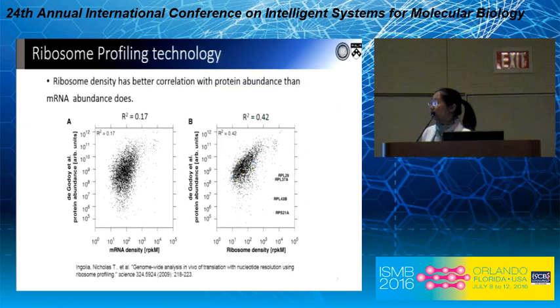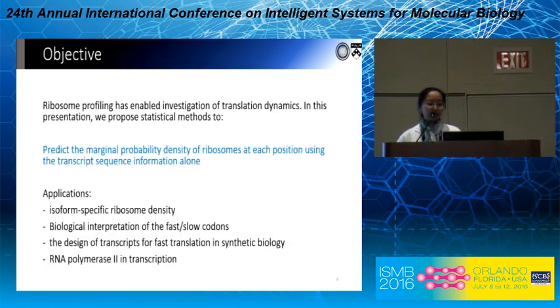This has been shown in Ingolia's first publication to be potentially very useful, because he showed that ribosome protein density correlates better than mRNA density with the protein abundance. So yes, this ribosome profiling may tell us something more about this translational dynamics.